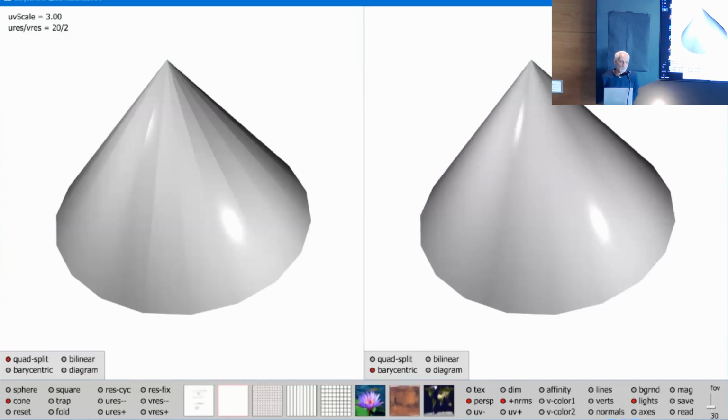There are about 100 arithmetic operations in the pixel shader to deal with this barycentric method. That's kind of a heavy lift for a pixel shader, maybe.